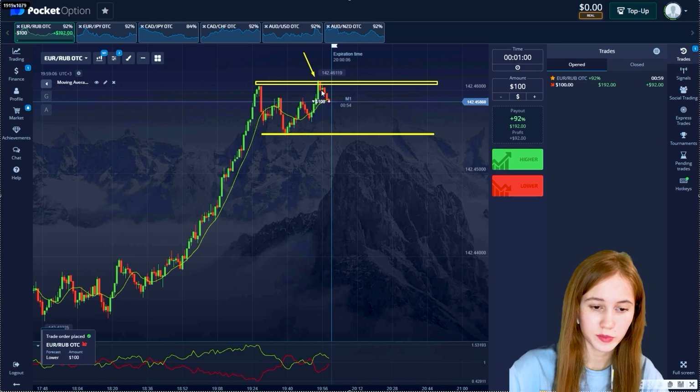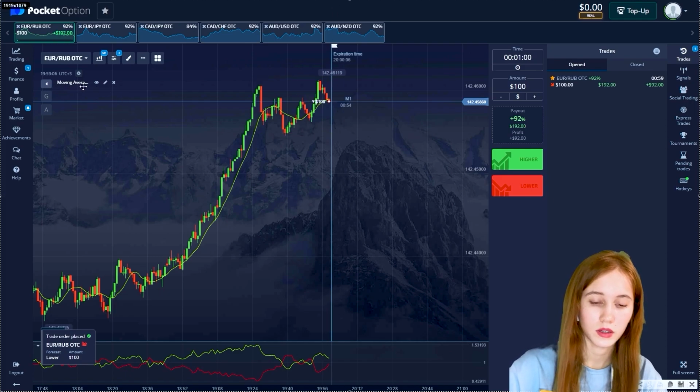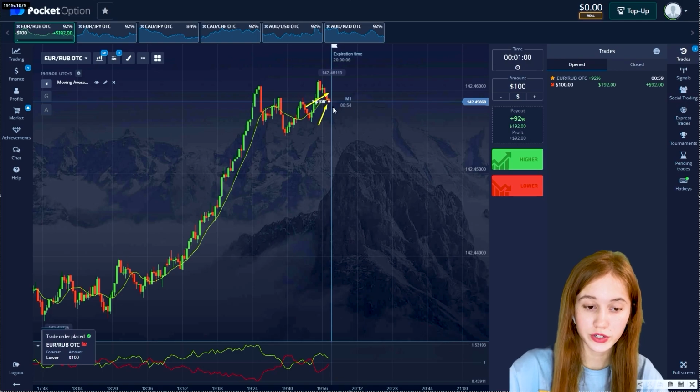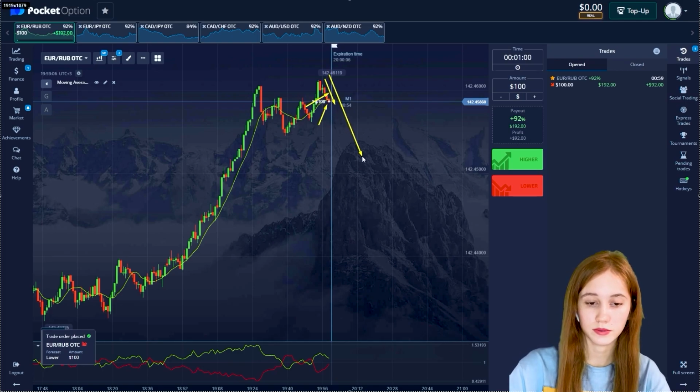We touch these points and we see a reversal. So we opened down, I think it's correct. So by moving average, we see upper position, but we already reached these points. I think it's change of trend.